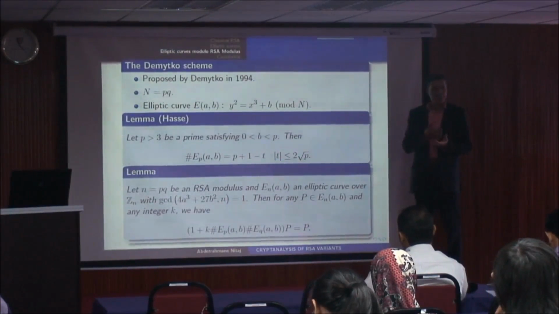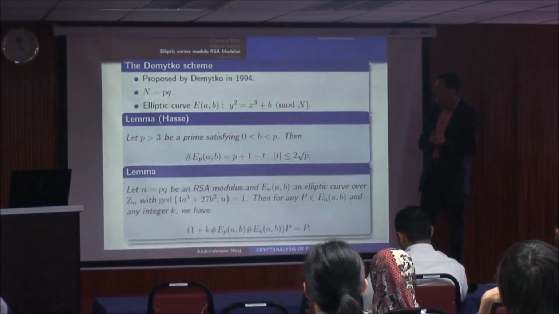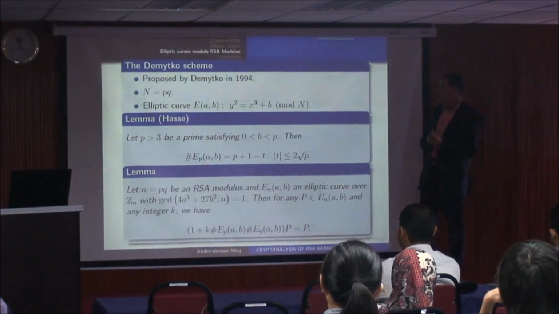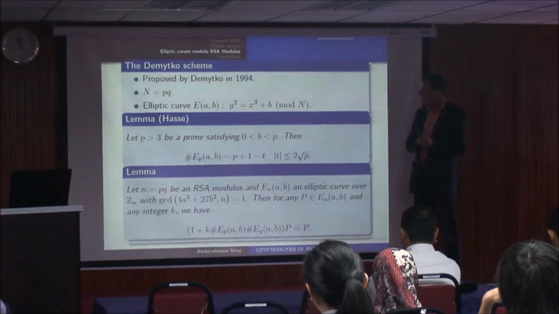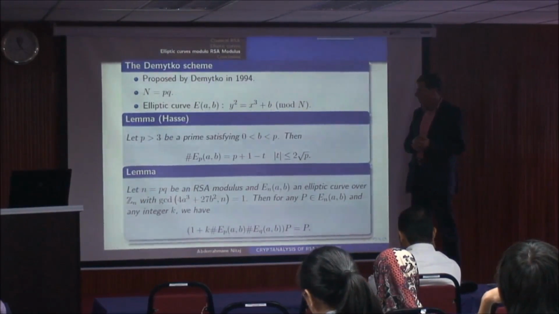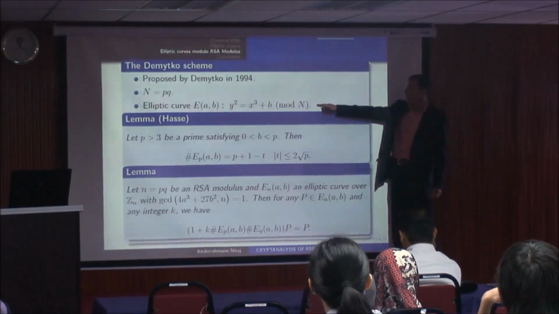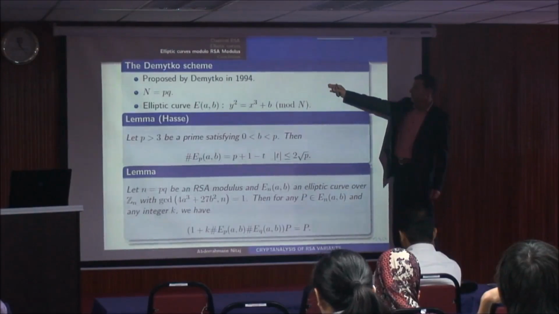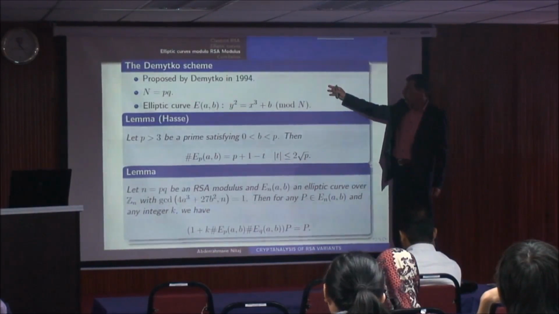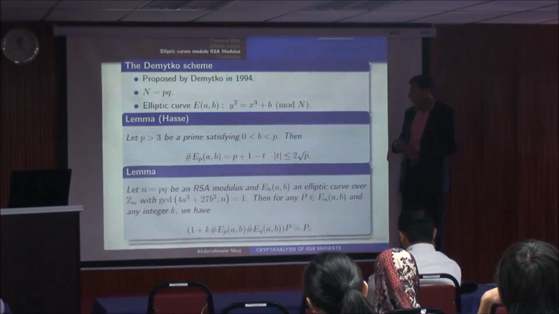This system is called the Vitko system, and it was proposed in 1994 by Vitko, and it's similar to the KMOV system. It's built on an elliptic curve like this, and the RSA modulus is like this: P times Q, where P and Q are large numbers.